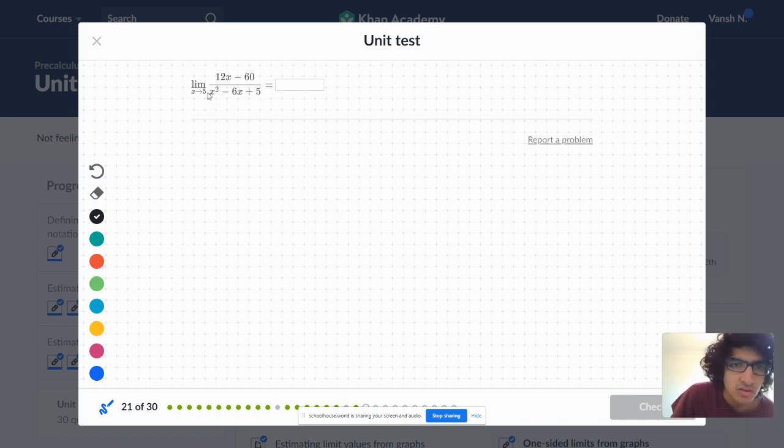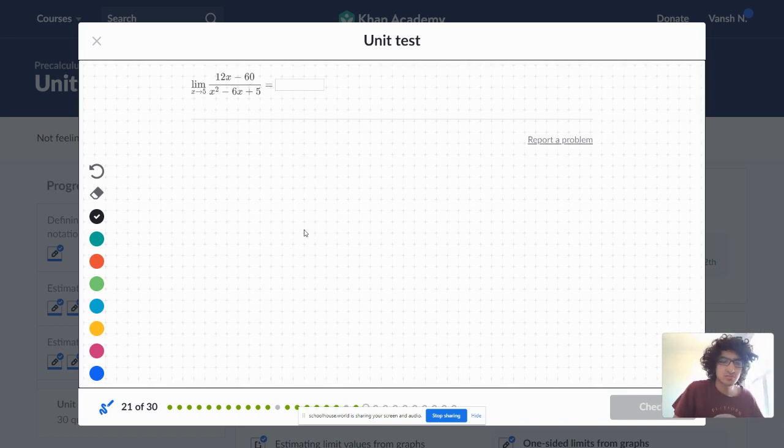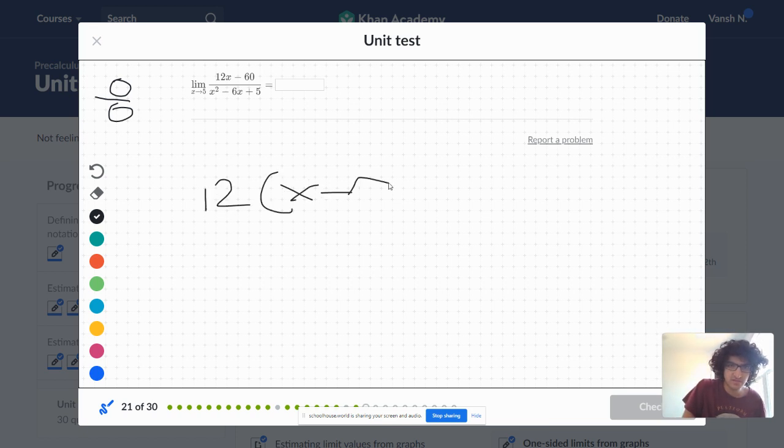Okay, it looks like we're going to have factoring here. Let's just plug in 5 first. So 12 on top, and on the bottom 5 squared minus 6 times 5 plus 5. When you plug in, you get 0 over 0. We need direct substitution, so let's factor. Let's factor 12 from the top. You're going to get 12 over x minus 5.